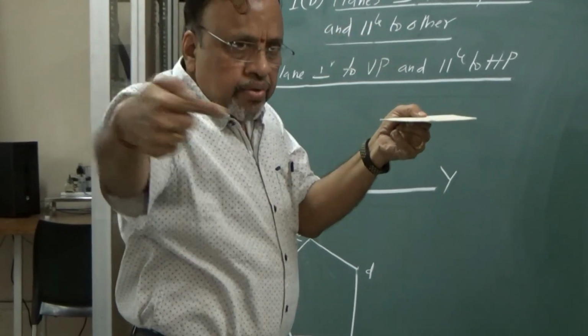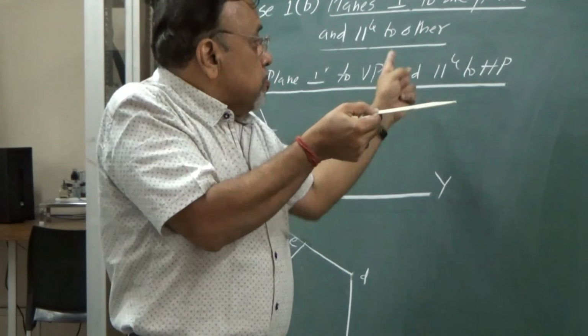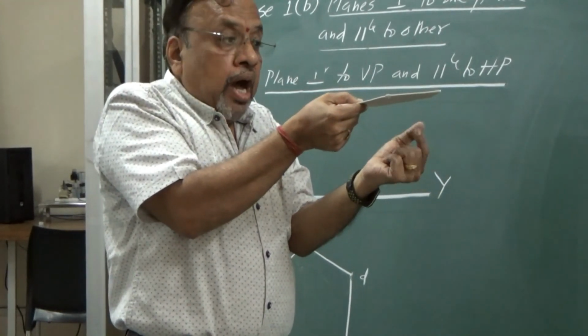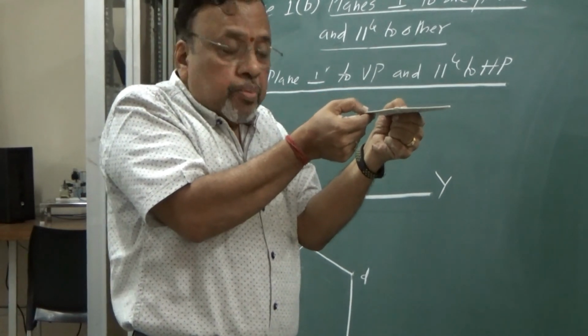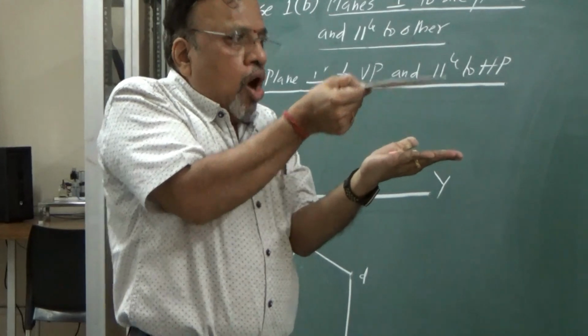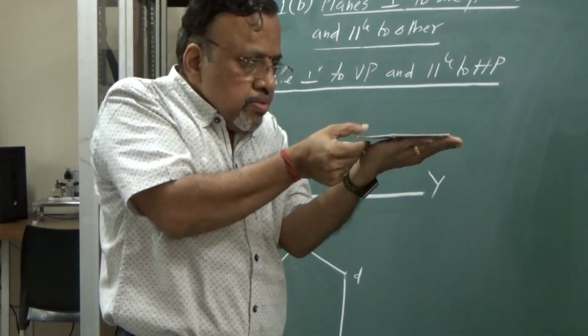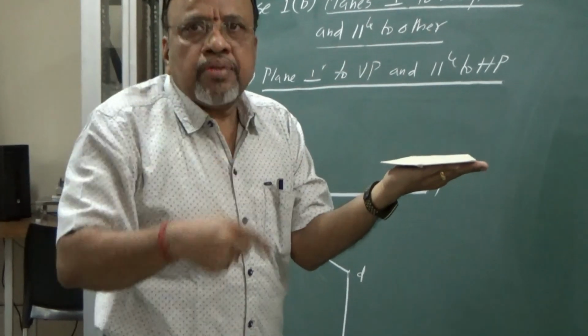Now I want to draw the front view. To draw the front view, I should know, anyway it is parallel to HP, but I should know where to draw this front view. This particular lamina can either be above HP or it can be on HP itself. Let us say I have not mentioned it in this problem.